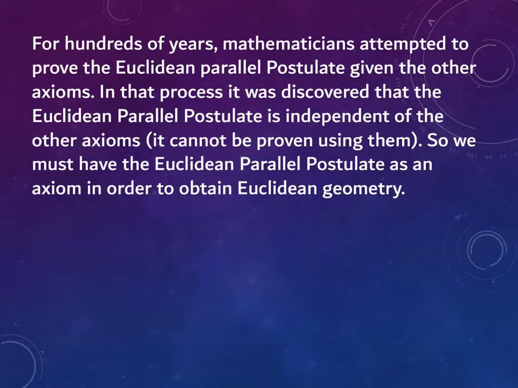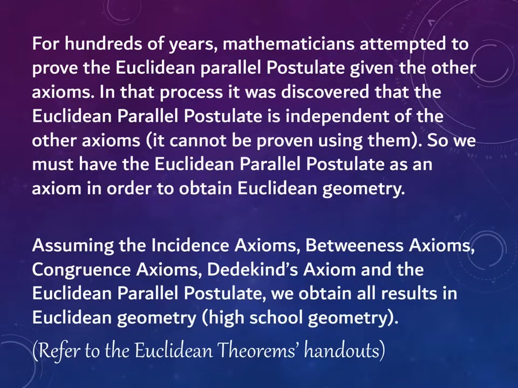So what this means is that we have to take the Euclidean parallel postulate as an axiom in order to obtain the Euclidean geometry that we have done all through high school. It actually can't be proven. So what we do instead is we use our incidence axioms, the betweenness axioms, the congruence axioms, right?